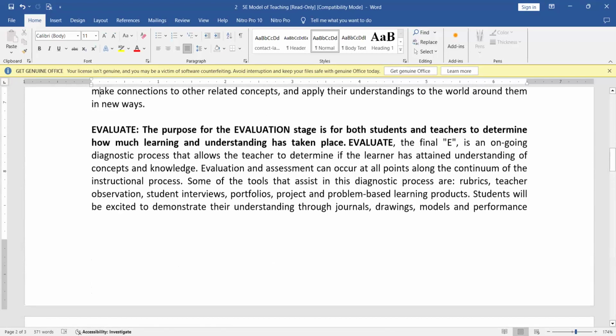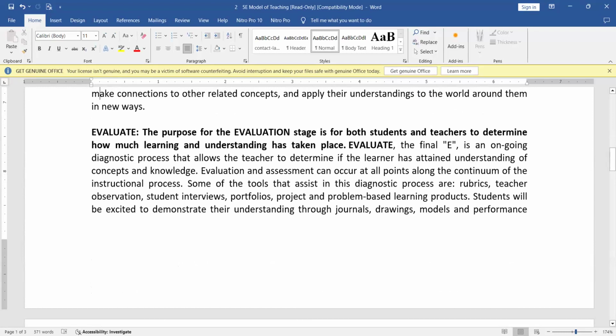Evaluation is all throughout the lesson, not at the end of the lesson. As it happened, engagement first, and then the exploration next, and then the explanation and elaboration. No. Evaluation, of course, all throughout the lesson. Evaluation doesn't mean that you give them a written examination test and see whether they have learned it or not. Instead, you observe them, you ask them questions, you see how they are doing their activities and judge.